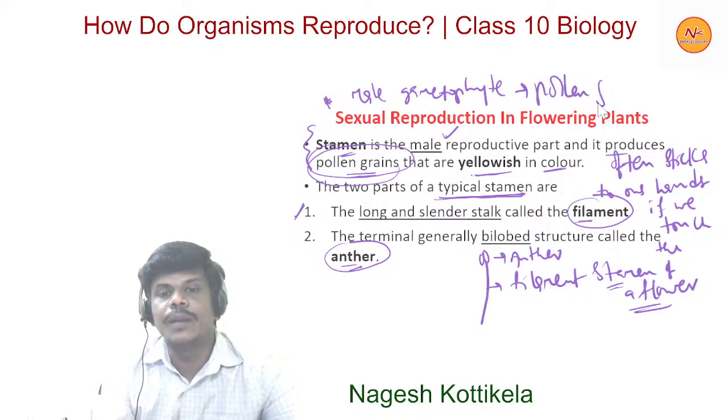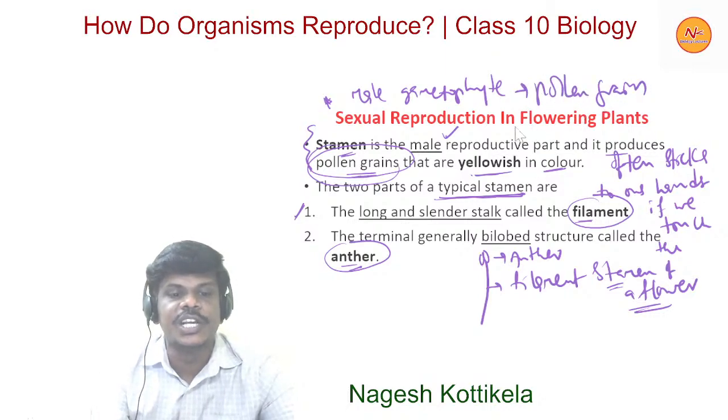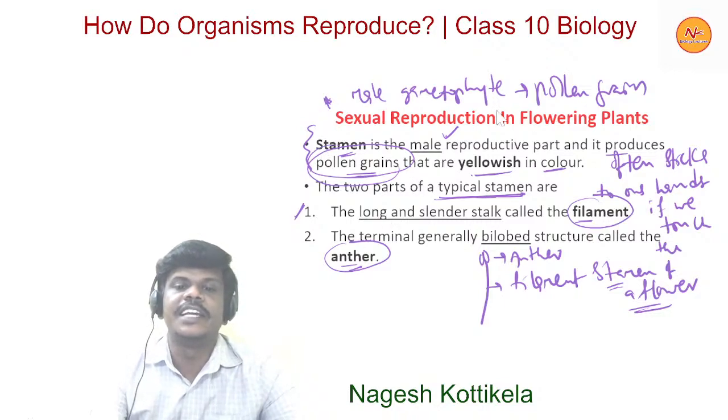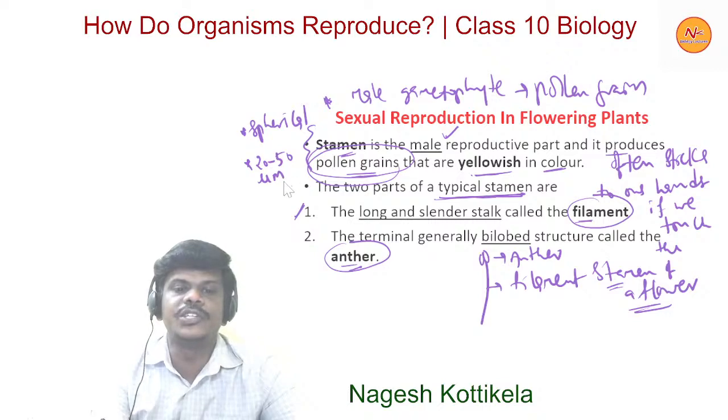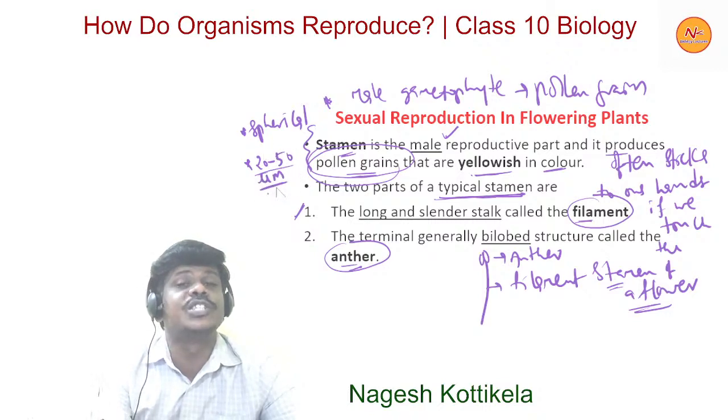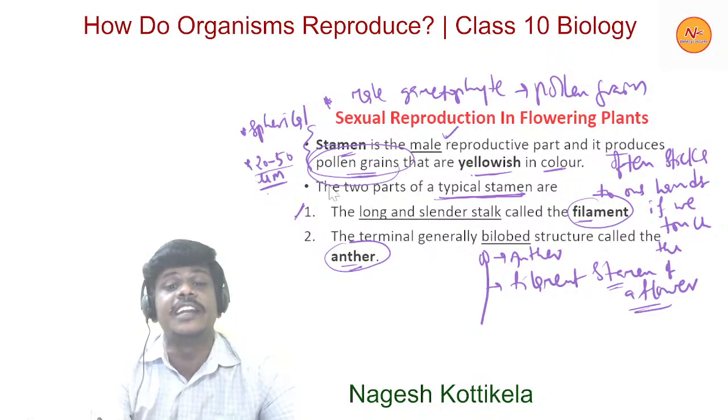One more very important aspect is that pollen grains are generally spherical, and their size is 20 to 50 micrometers in diameter. Where are pollen grains produced?